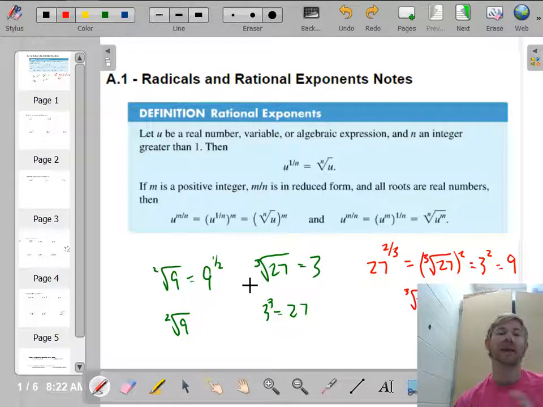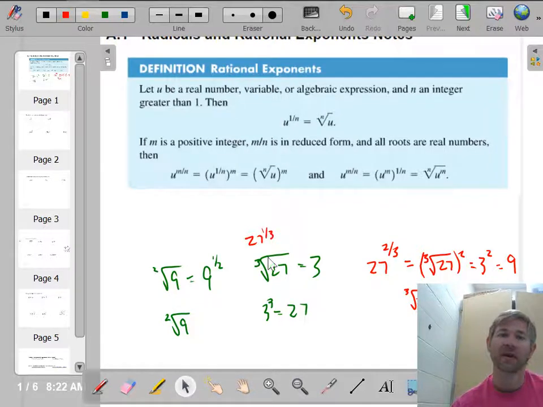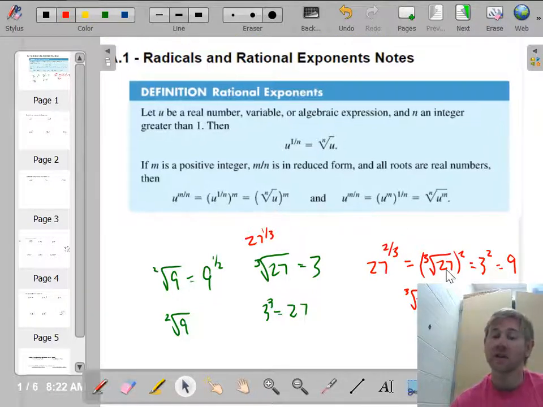So the main thing you need to take from this is the denominator tells you the root. Anytime you see 27 to the 1/3, that will be written as the third root of 27. And if you put a numerator in there, that's going to square the answer, or you can square what's called the radicand, the part underneath the root.